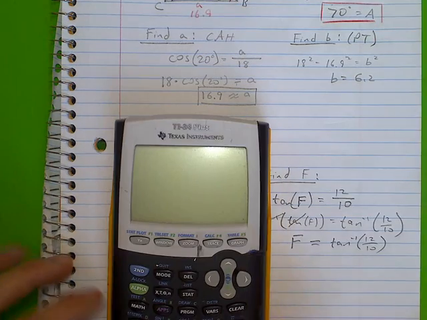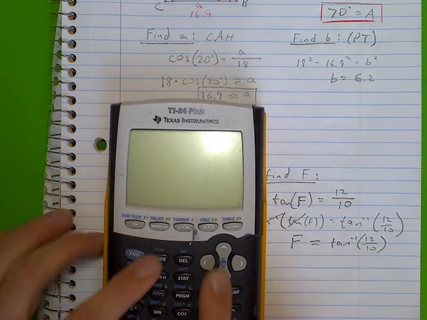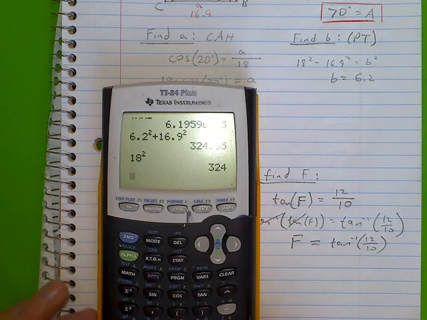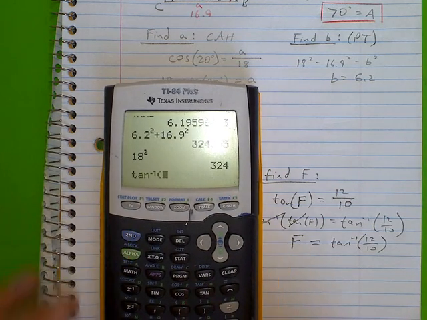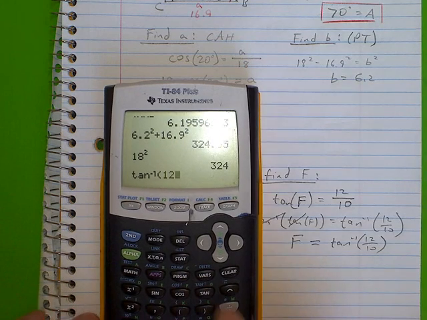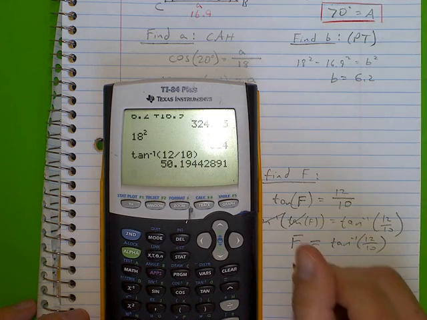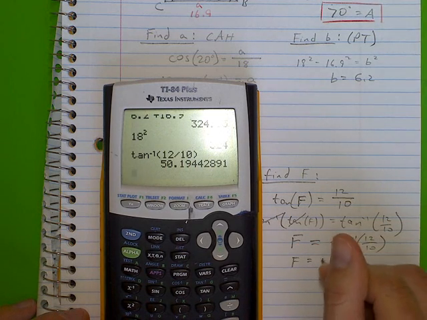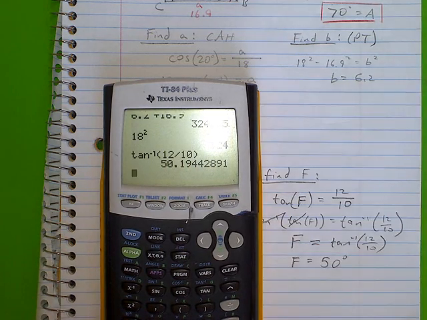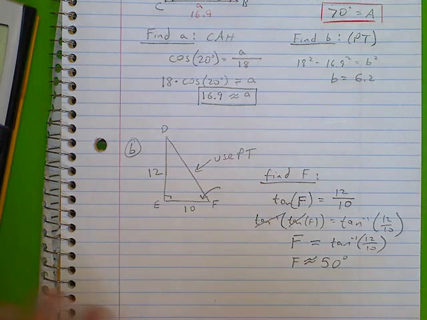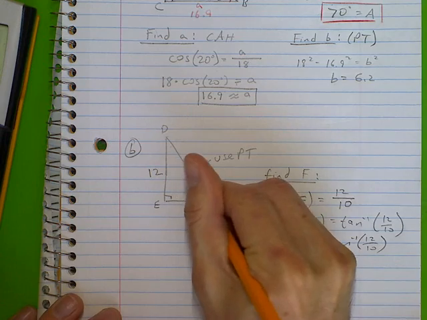If I'm in degree mode, it will even give me the answer in degrees. I am in degree mode. So I'm going to type in the second tangent, and in parentheses I put the fraction, 12/10, and I press enter, and I find out that angle F is about 50 degrees. So this angle is about 50 degrees.